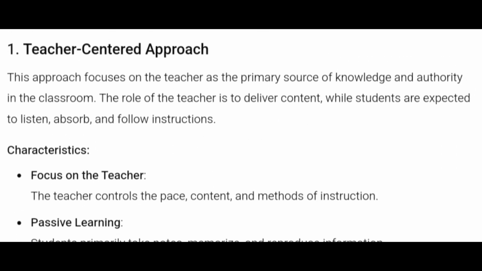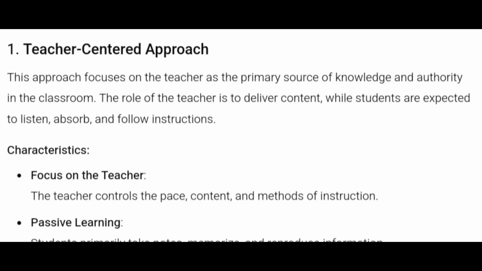So first of all, we have teacher-centered learning. What is this? Let us see. This approach focuses on the teacher as the primary source of knowledge and authority in the classroom. See, when we say teacher-centered approach, it means the teacher is the boss of the class, the authority in the class.